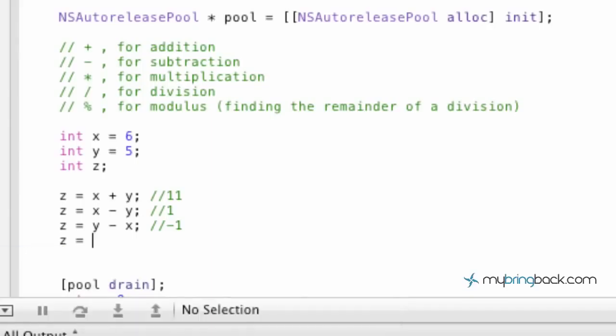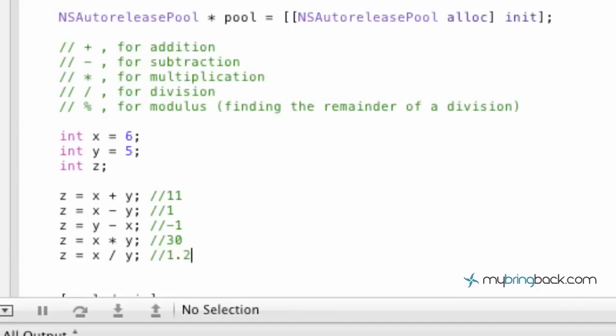Alright, moving forward, z equals, what are we up to? Multiplication. So x times y, which is 5 times 6, gives us 30. And then z equals x divided by y. Now, in this case, we're taking 6 divided by 5, which should be 1.2, if I did that right.